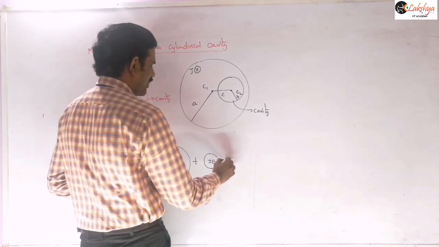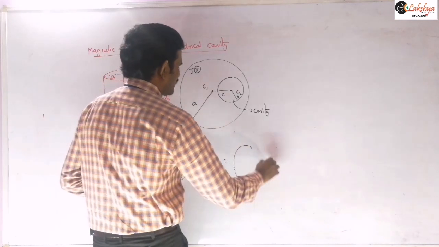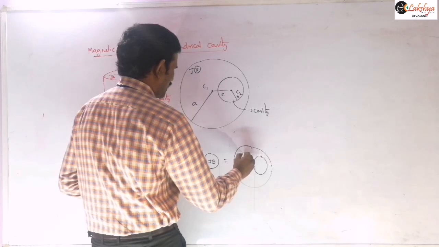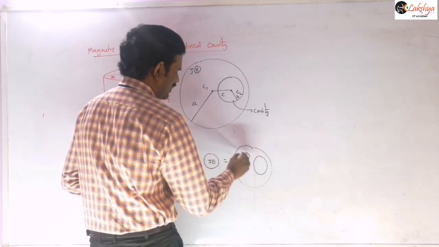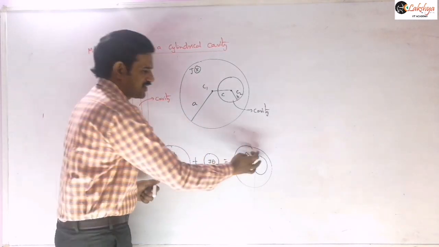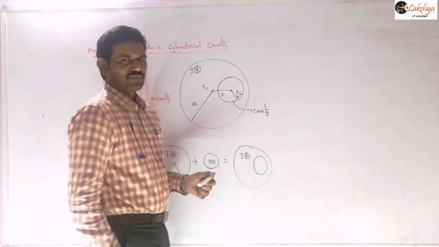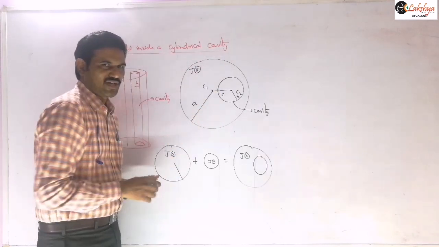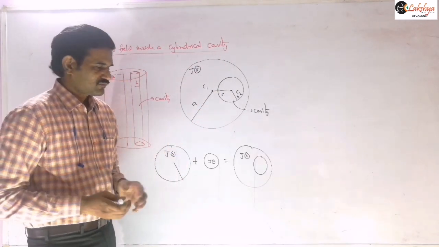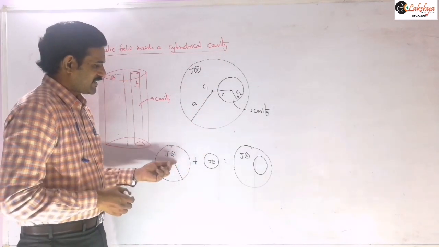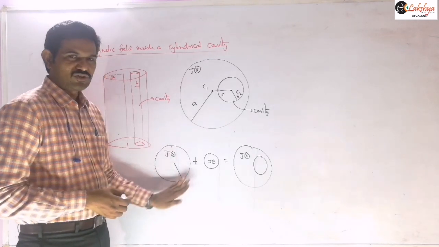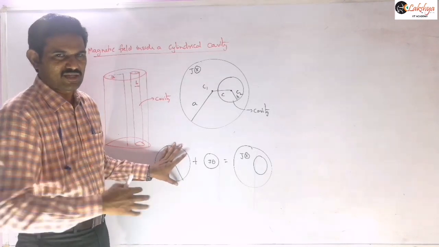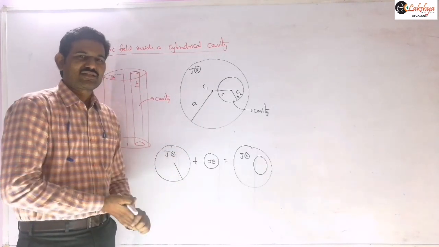If you combine these two, then only in this region will current be there, and in the cavity nothing will be there; it becomes 0. We are taking this as a complete solid cylinder without cavity, having current density J.